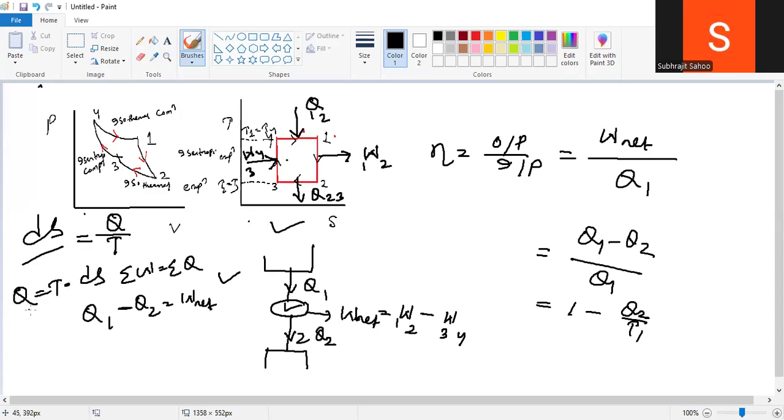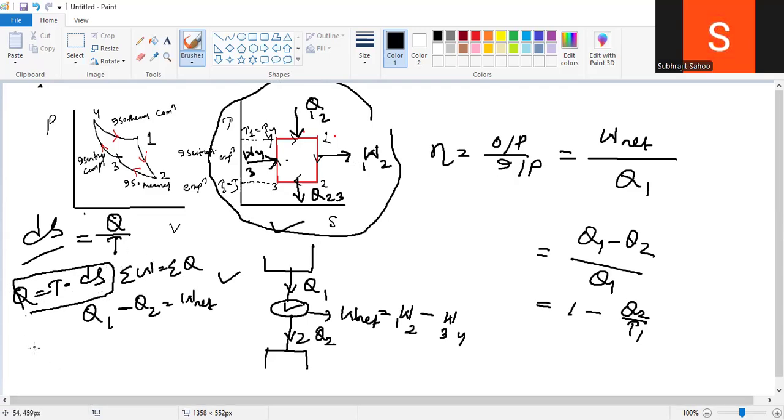Yes, this is the main formula, Q equals T into dS, just a cross multiplication I have done. Sir, in this particular diagram, there are two heats. One is what?